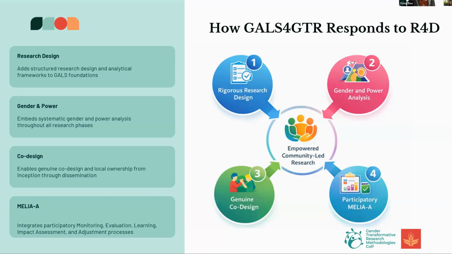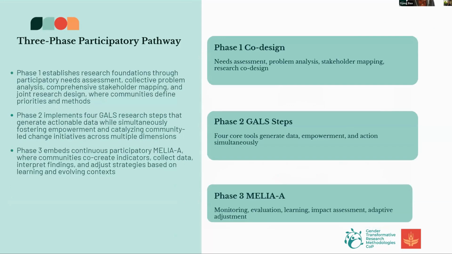And so these are the kind of additions we've been able to bring into the revised GALS tool. And for us, we believe that this is a way of really bringing communities as research practitioners within the empowerment space. And when we talk about the revised GALS tool, we followed 3 phases of participatory approach.